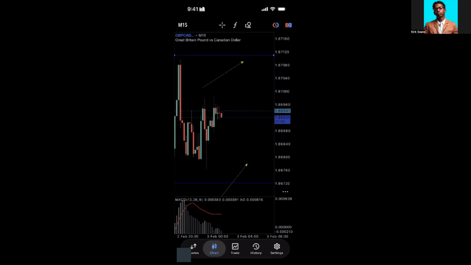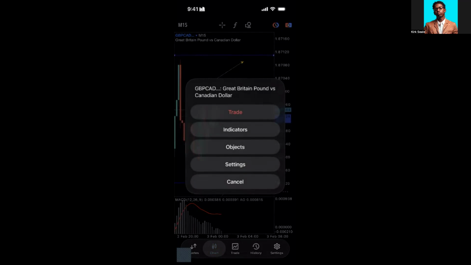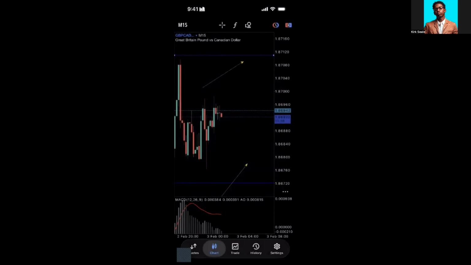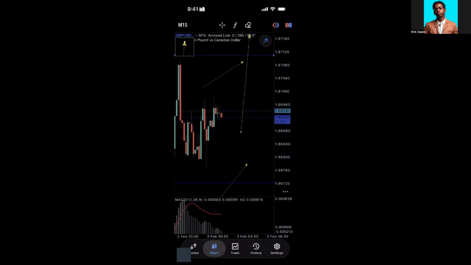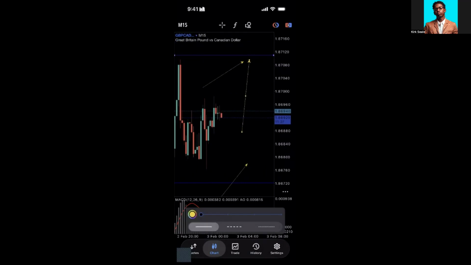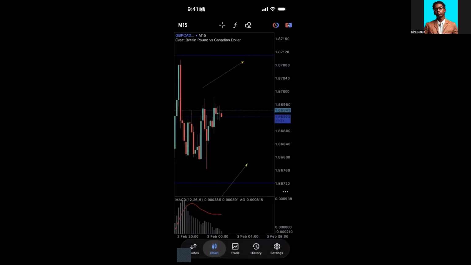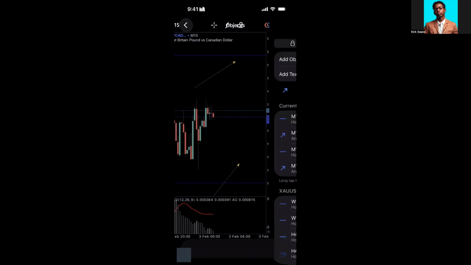On Android, I think when you tap your screen, a little wheel comes up. Correct me if I'm wrong, but I believe a little wheel comes up, and you're going to be looking for the icon on this wheel that looks like this right here. That looks like a square, a circle, and a triangle. That's on Android. But for iPhones, you can just come here, click on this button with the square, the circle, and the triangle.